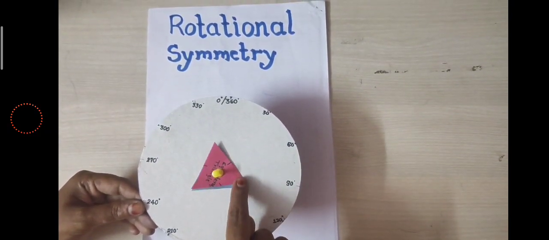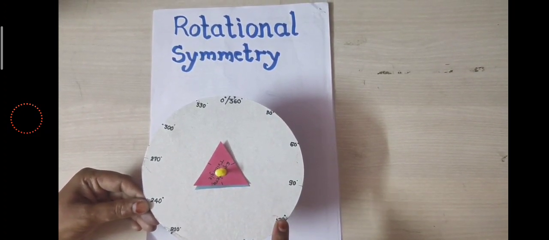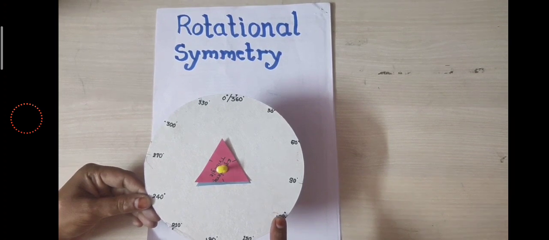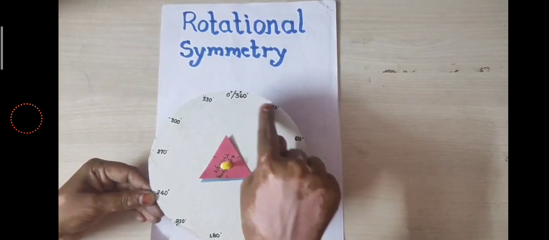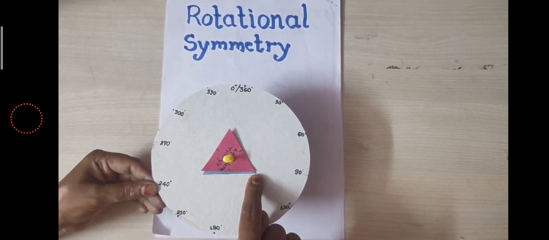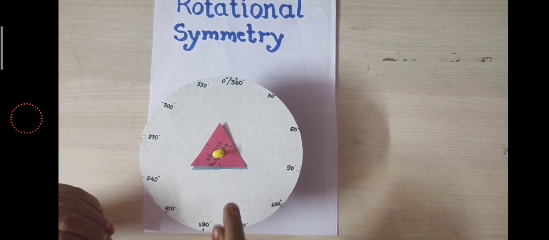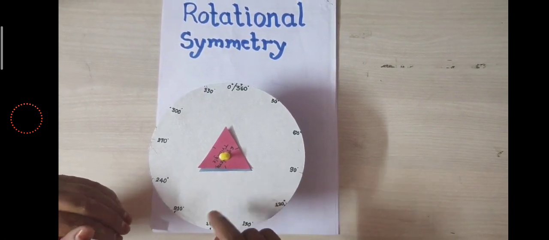Now see, I've started rotating the pink one and it coincided for the first time with the blue one at the angle of 120 degrees. From 0 to 120 degrees this happened for the first time, when it came to another edge of the triangle. Okay, now again we will start the rotation. Now how many times does this happen?